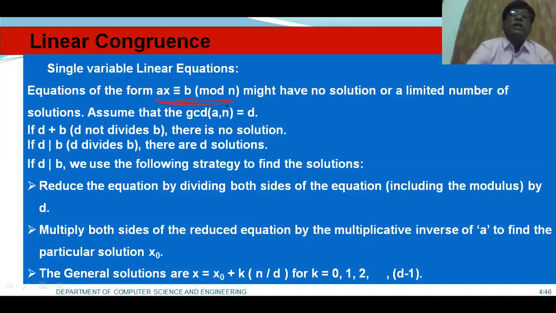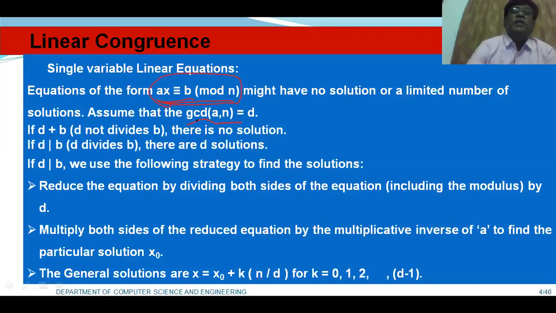Any equation in this form might have no solution or a limited number of solutions. How do you find out whether an equation has solutions or not? For that purpose, we calculate the greatest common divisor of the variable A and the modulo value n.